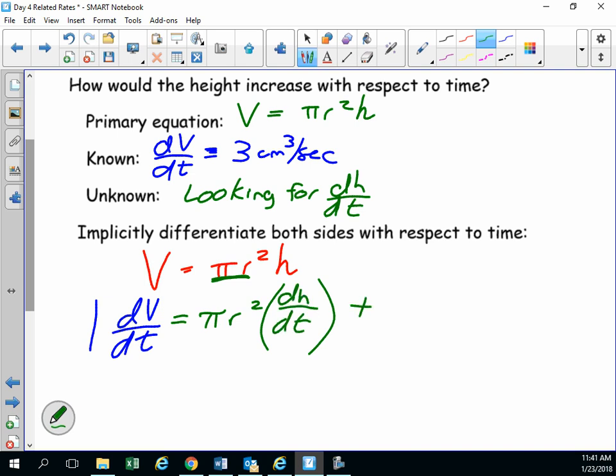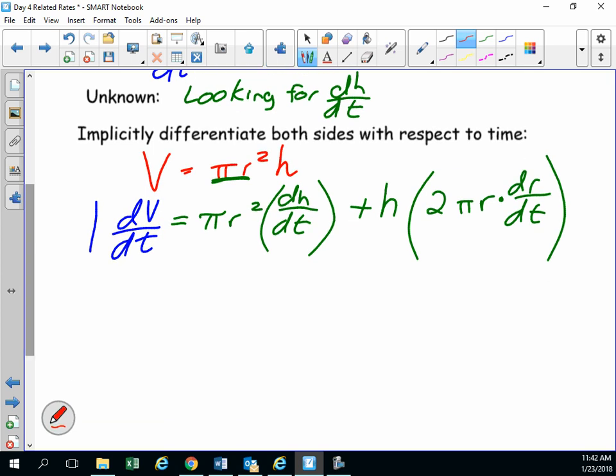Plus the second times the derivative of the first. 2 pi r times dr over dt. Remember, every variable has to have one because I'm taking it with respect to time, and time is nowhere in here. We're used to just taking with respect to x. X is sitting there. That's not an issue. I don't have x's, nor do I have time in any of these.